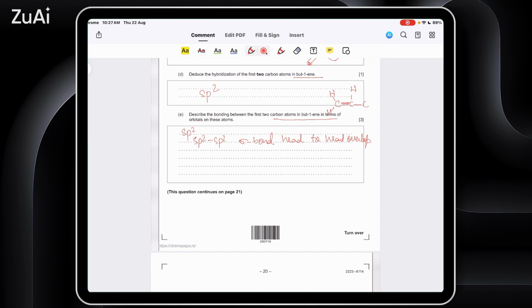And the pi bond is formed by pz orbital and pz orbital sideways overlap to form the pi bond. So sigma bonds, how many sigma bonds? 1, 2, 3. 3 sigma bonds there. And 4, 5. And 1 pi bond. The pi bond is only formed just because of pz overlapping.